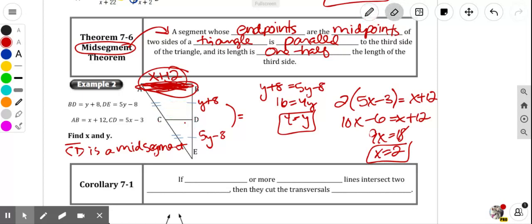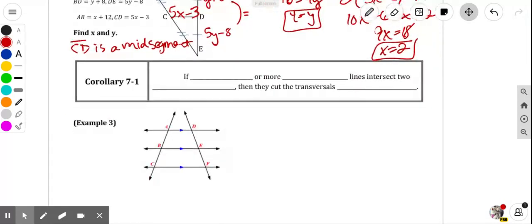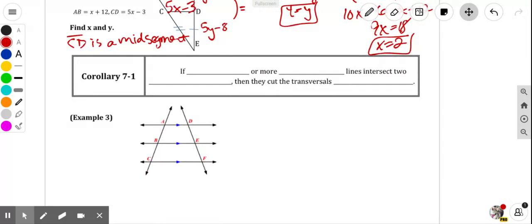I'm going to erase some of this so it's not a total mess. Okay, anyway, moving on. So then we have a corollary. A corollary is just something that basically stems from a theorem.